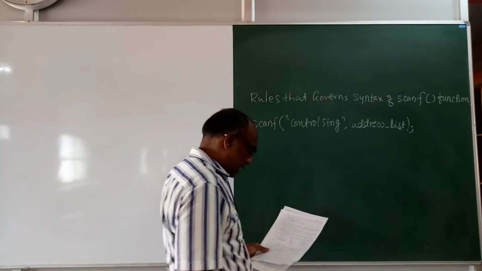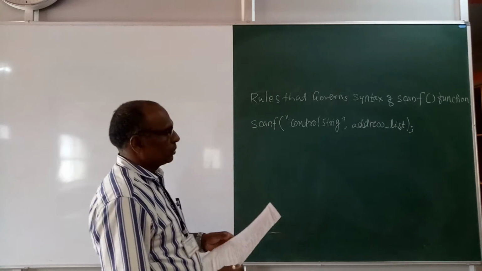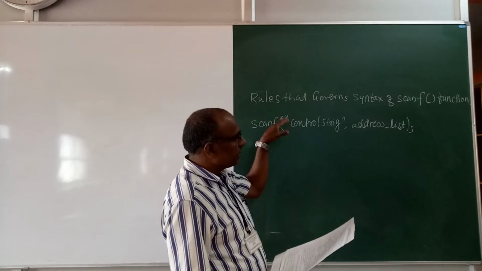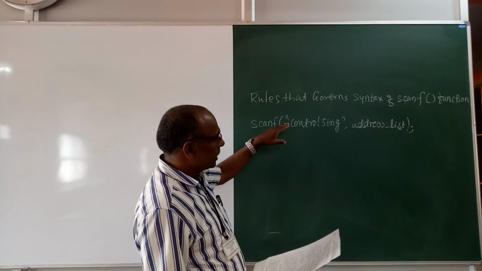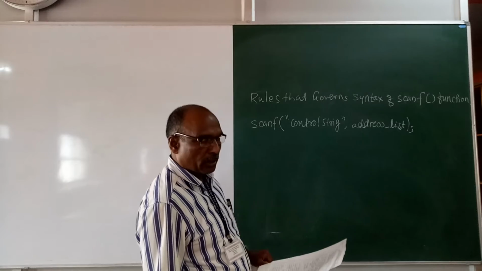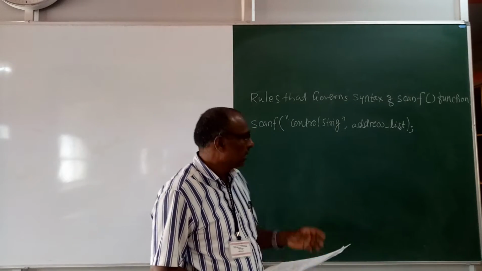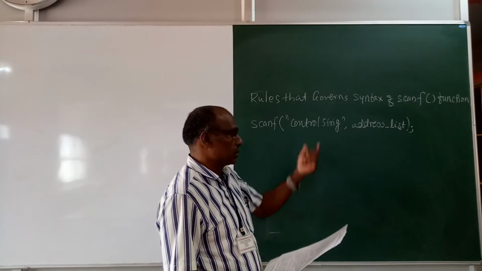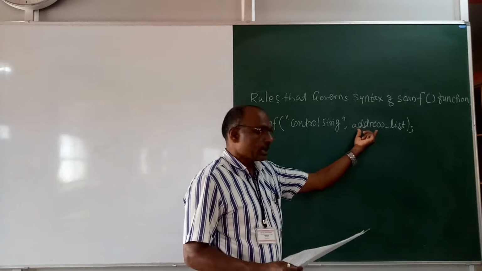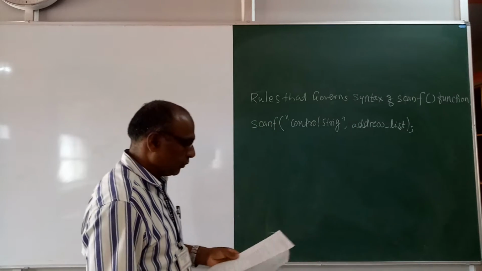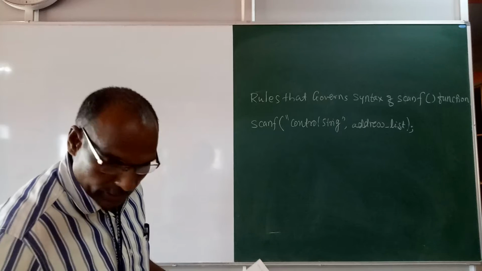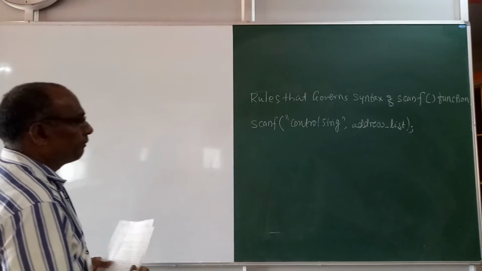This is the general format. To write a scanf in its proper format, there are certain rules to be followed. I will explain what is control string and what is address list. Let's go for the first, the rules regarding the scanf function.